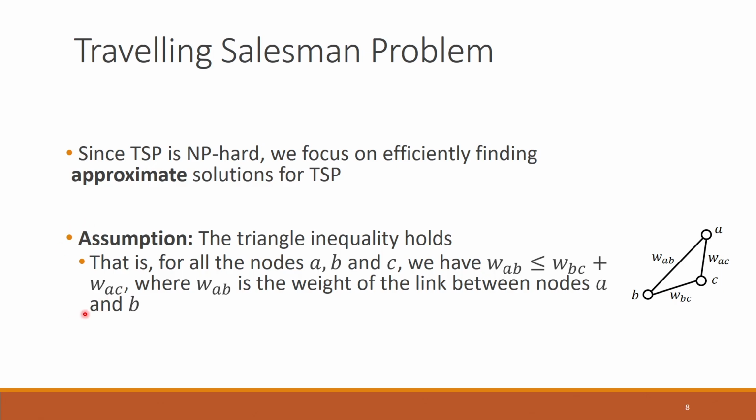That is, if you provide a graph for which you have to find a traveling salesman tour, that is, a tour that visits all of the nodes and comes back to the original node in the least time or least distance, then the distances or weights of the links should satisfy the triangle inequality. For example, the triangle inequality holds if you take Cartesian distances and so on. We will also see later that there can be some examples where the triangle inequality may not hold.